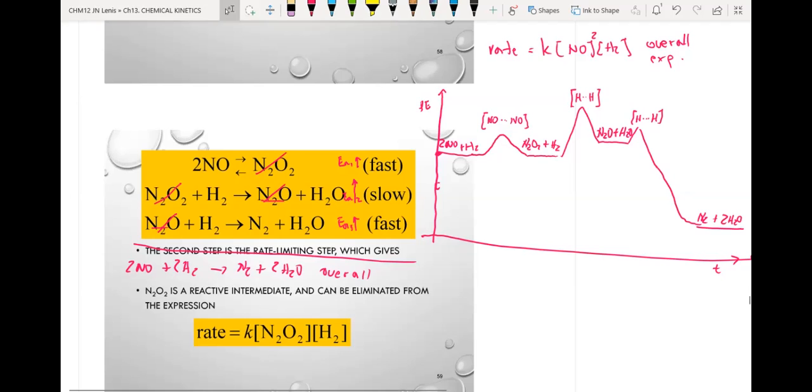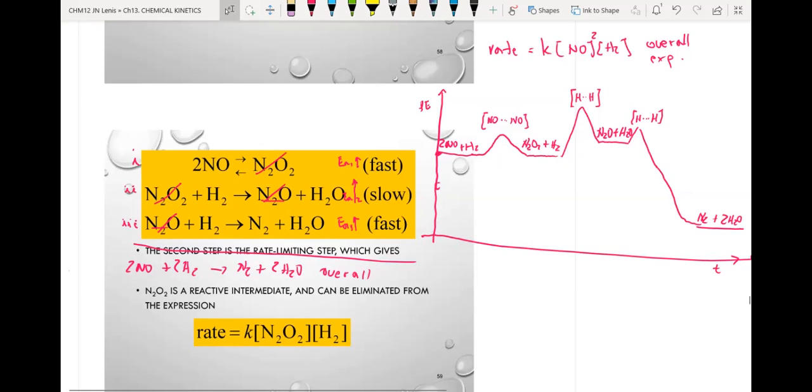So let's rewrite the second step. This is the first step, second step, and usually the mechanism steps are written using these little lowercase I numbers or I letters.